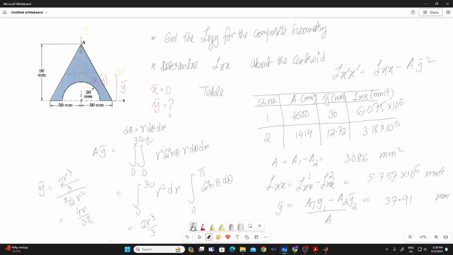For example, if I would like to get the Iyy of part 2, that actually would be the same as Ixx of part 2. You can check that, because in the end you do the moment of inertia for the quarter circle and double that up, that's it.